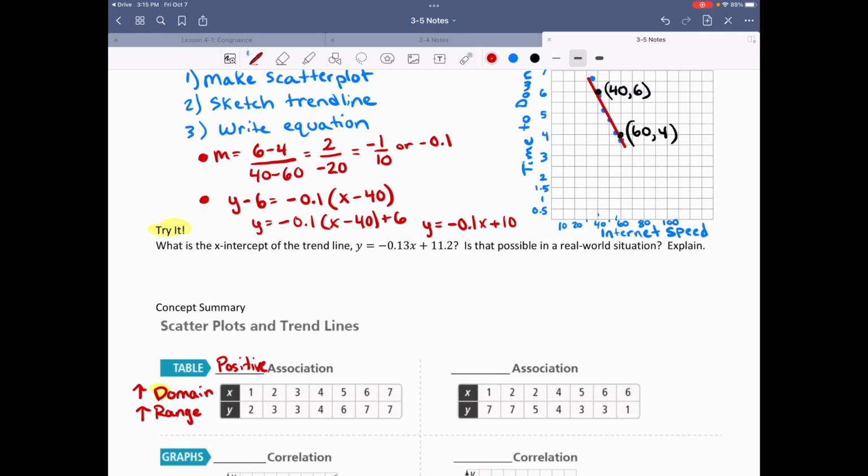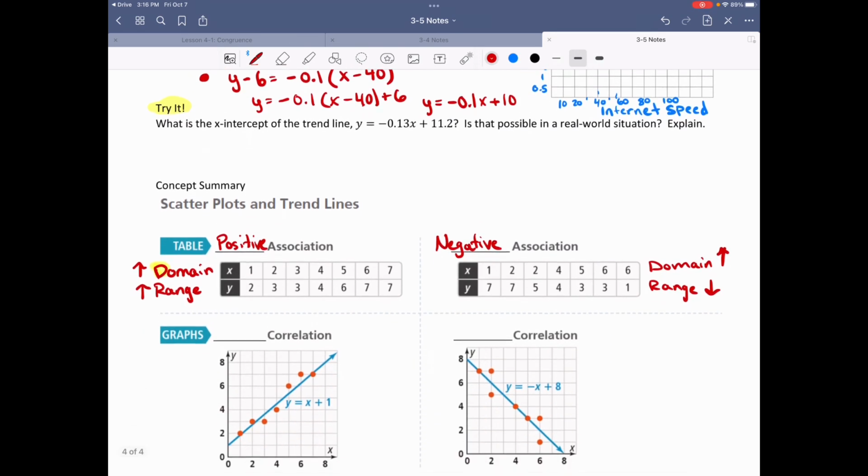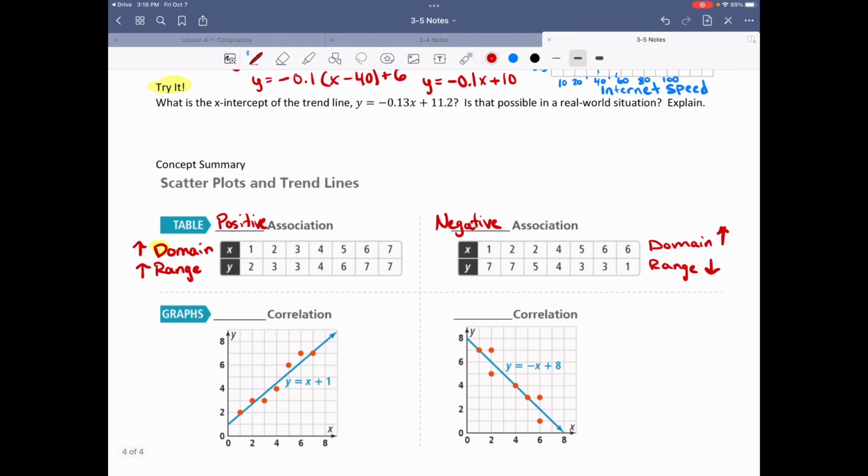And for the next one, the domain is increasing, and the range, these numbers on the bottom, the y's, are decreasing, and so that is a negative association. And the same thing for the graphs. This is a positive correlation because the line is going uphill, and this is a negative correlation because the line is going downhill. Those are your notes for today.